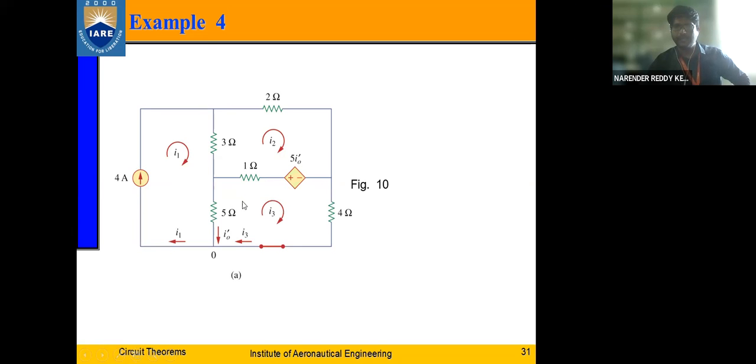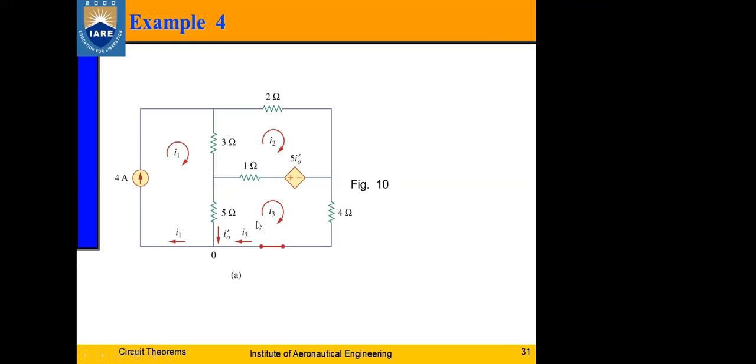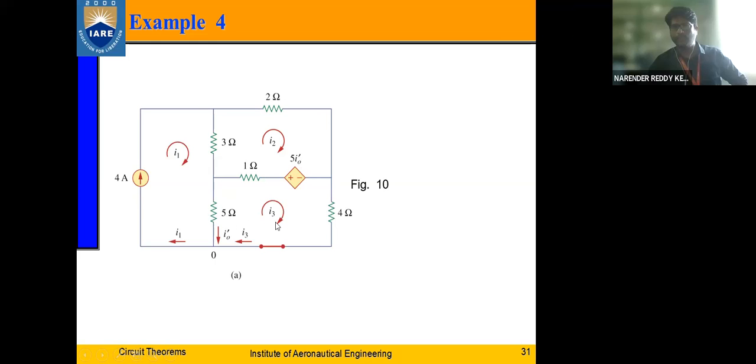Let us start writing the equation for loop 3. What is that? 1 into I3 minus I2. So we are going from plus to minus, so we write it as plus 5 I naught. Isn't it? And the next one is plus 4 I3. And the next one, what is the current we are assuming here? 5 into I3 minus I1, whatever, I3 minus 4.